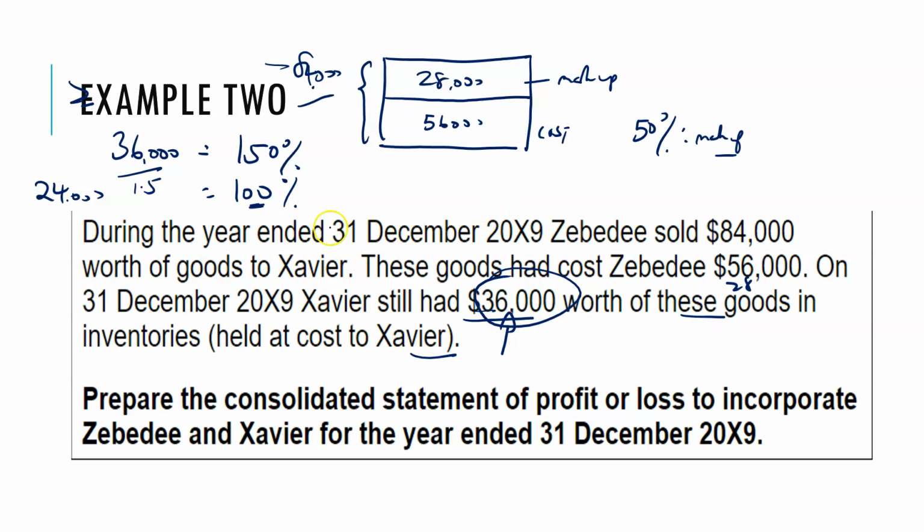Yeah, that's 24,000. Which means the PUP, or the unrealized profit, is 12 grand. And that needs to come out of closing inventory, but technically I need to add it on to cost of sales.